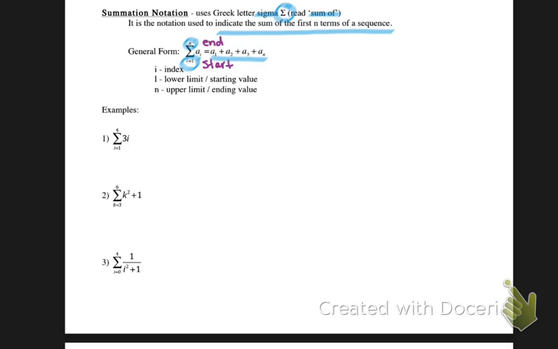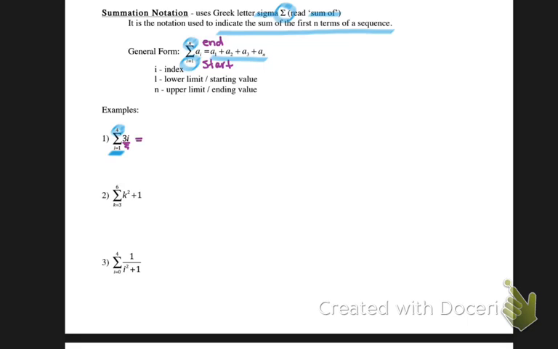So when you look at the first example, our starting spot is i is 1, and we're going to keep substituting values of i until we reach 4, because that's our ending spot. And we're plugging it into what follows sigma, which in this case is 3i.